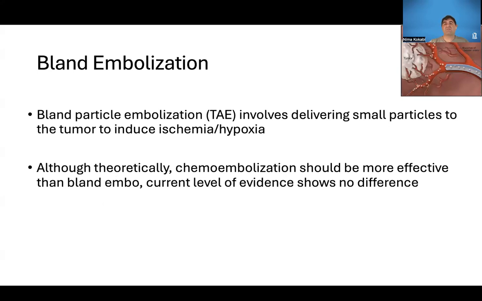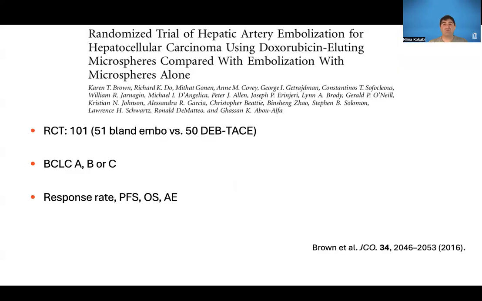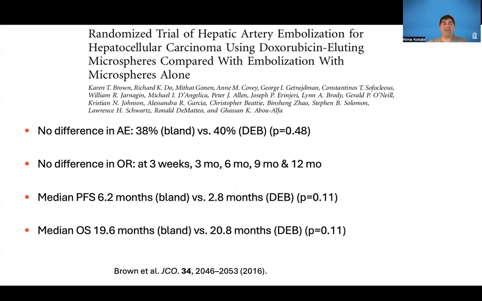And finally, in terms of the embolizations that are not radiation-based, bland embolization is also a viable option, although theoretically chemoembolization should be more effective, at least the current level of evidence shows no difference between the two. This was a randomized control trial out of Memorial Sloan Kettering looking at bland embol versus deptase in patients with BCLC A, B, or C. They looked at response rate, progression-free survival, overall survival, and adverse events.